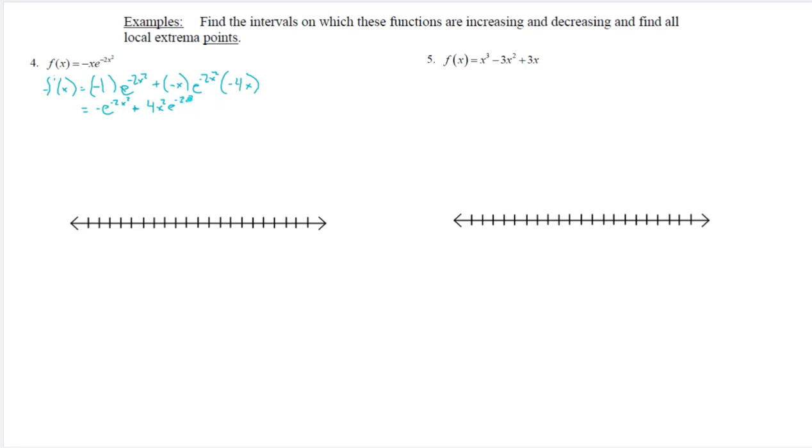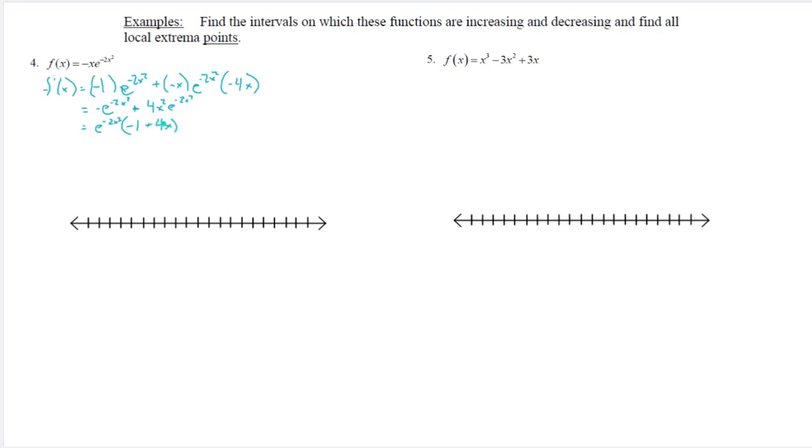Now, if at first you don't see ways to simplify this, sometimes you can move the terms around, factor things out. In this case, I can see that there's an e to the negative 2x squared in both of these, so I'm going to go ahead and factor that out. So e to the negative 2x squared, and this is going to give me negative 1 plus 4x squared.